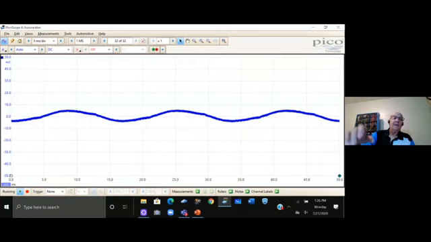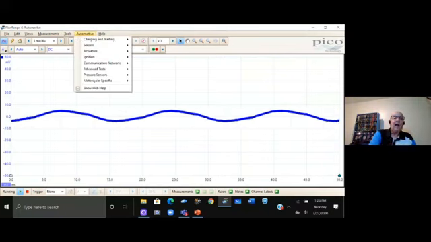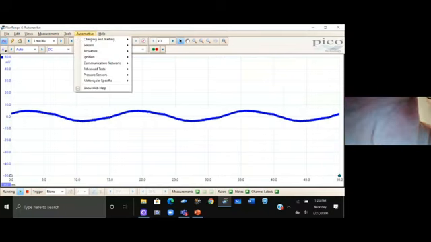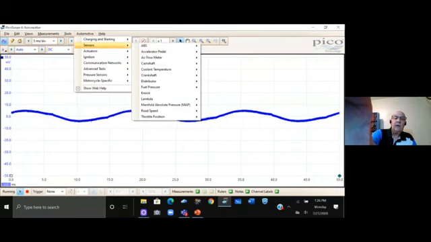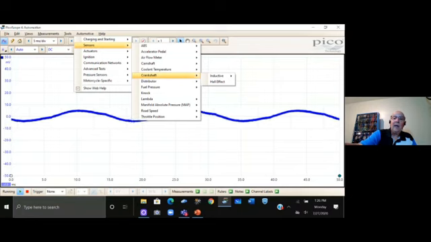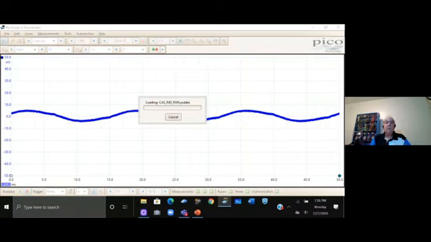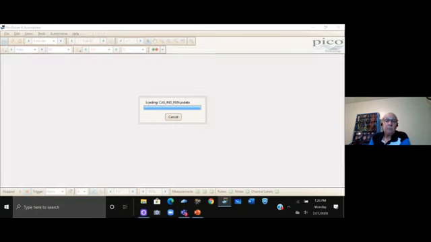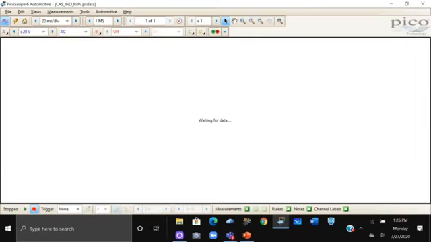Okay, in demo mode, if I go up and touch on automotive, I come up with a whole bunch of things. I'm going to touch sensors, and I'm going to say, okay, crankshaft, and I'm going to look at inductive, and I'm going to say running. Now, what it's doing is picking out of its memory this particular sensor.